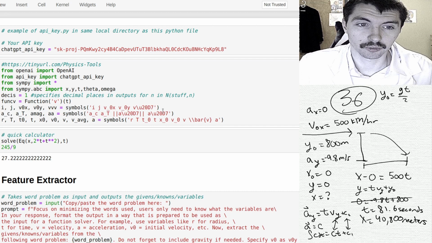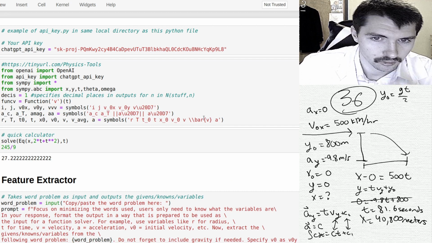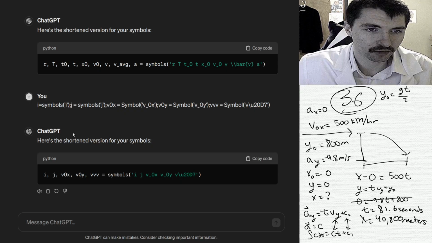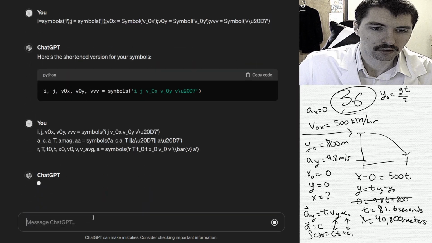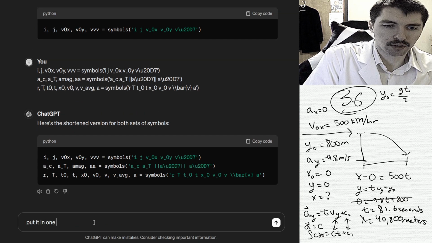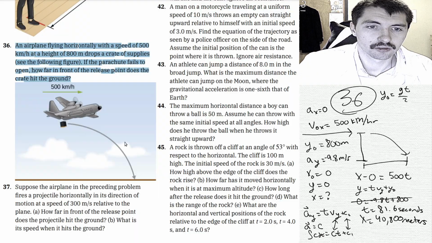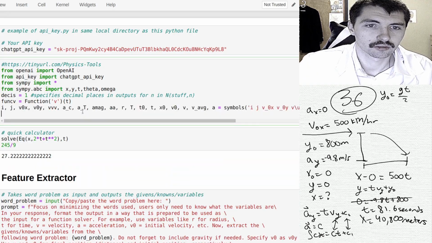All right, so what are we doing? We want to make a new symbol. Okay, can I just combine these? Put it in one line. Okay, so these are my symbols.